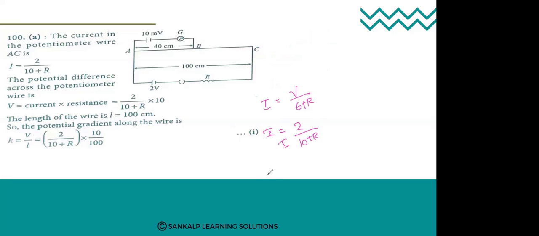The potential difference across the potentiometer wire is, so V is equal to, that is I into R. Here I value from the above equation is how much? It is 2 divided by 10 plus R into R. So here into R value is given as 10. This is V is equal to. See, the length of the wire is given as 100 centimeter.